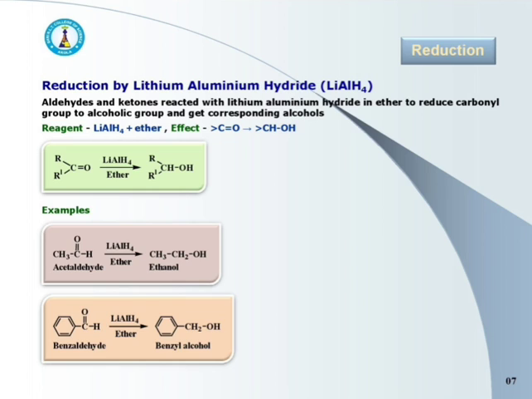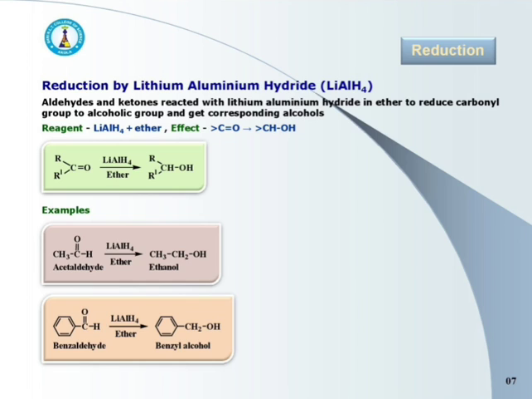Just now watch the examples of conversion of aldehydes to alcohols. Acetaldehyde on reduction using lithium aluminum hydride gives ethanol, whereas benzaldehyde on reduction using LiAlH4 gives benzyl alcohol.